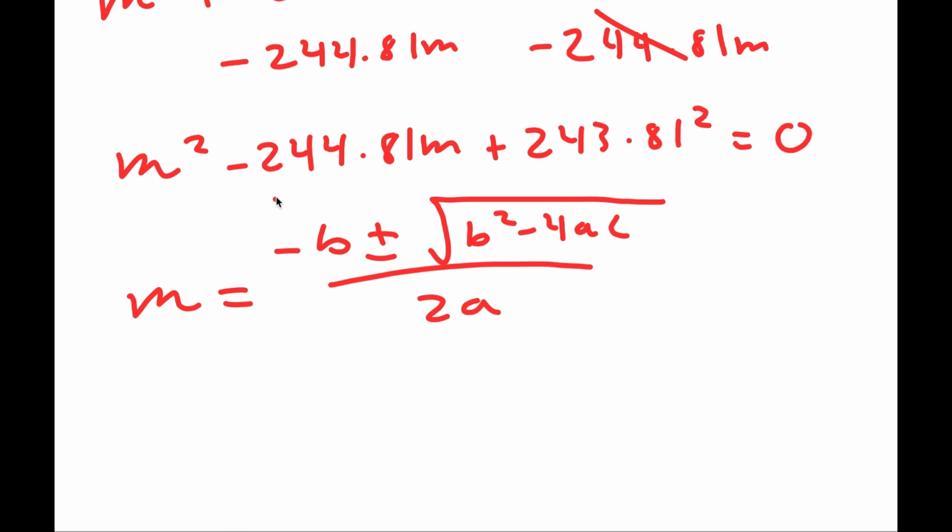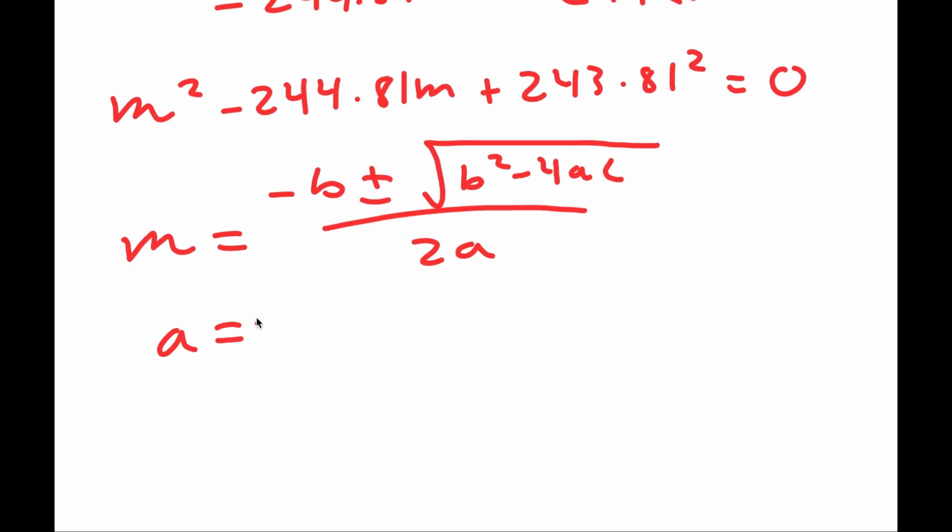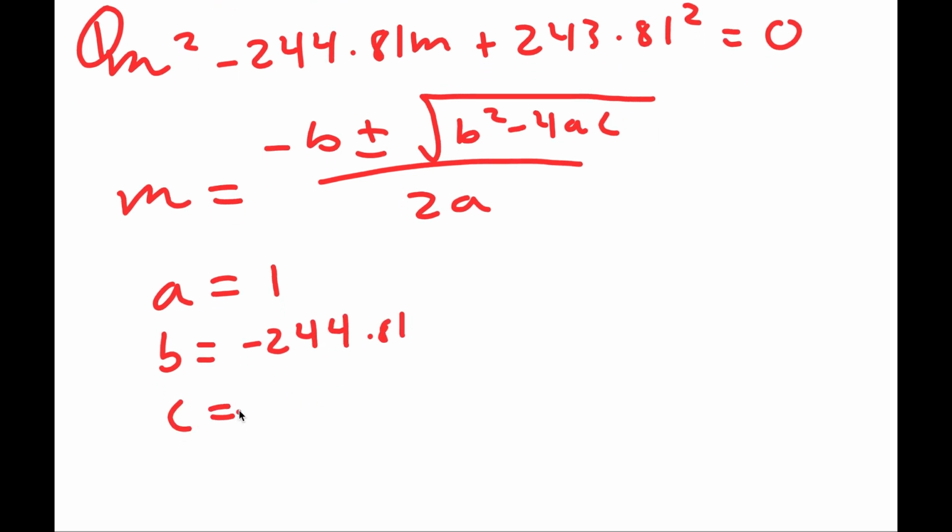And in this case, my values for this quadratic equation are a is 1, b is going to be negative 244 times 81, and c is going to be 243 times 81 squared.